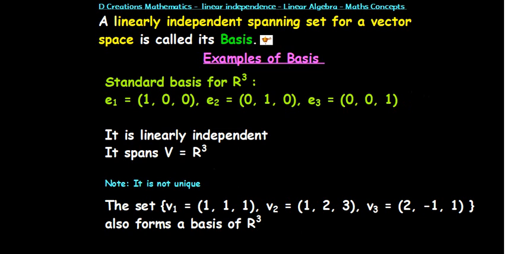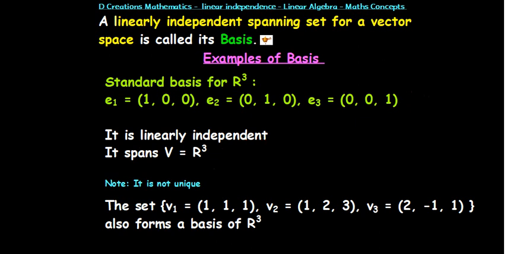Also, we have already seen that they are linearly independent vectors. That means all the conditions that were required, that it has to span R cube or R3 and that it has to be linearly independent, are satisfied.